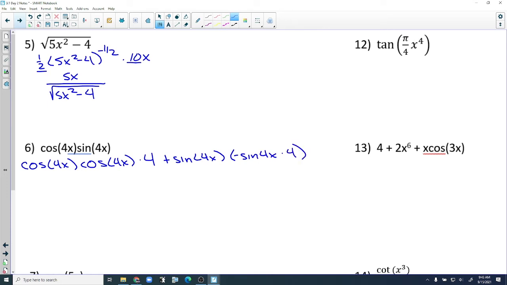So there's the product rule, with the chain rule inside there. You always have to consider the chain rule. This becomes 4 cosine squared of 4x plus, not plus, minus 4 sine squared of 4x. I can just factor out a 4 and that's it.